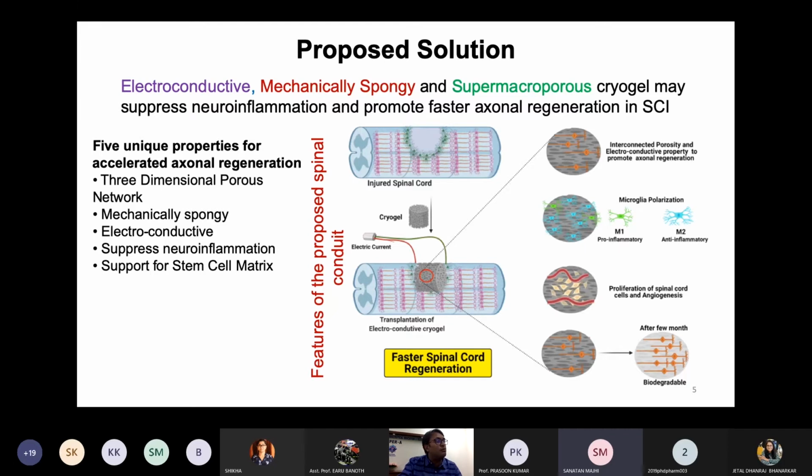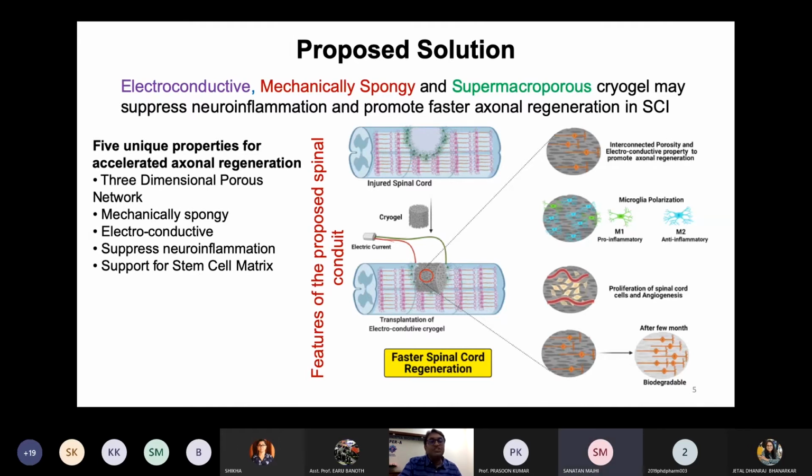A three-dimensional porous network is very important for making the connections, as well as for providing proper nutrients to the cells growing in that gap region.